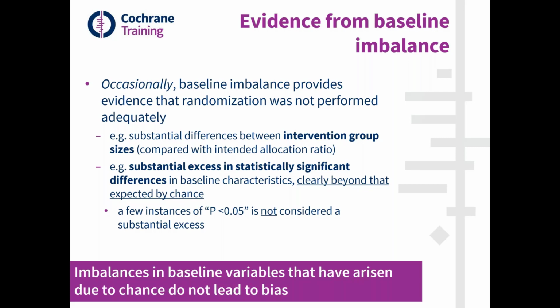So for example, if you have a small trial which did not use any form of restriction, which you might expect to lead to balanced groups. Let's say it used simple unrestricted randomization, and yet there are no differences at all in baseline characteristics. You might wonder how that had occurred.